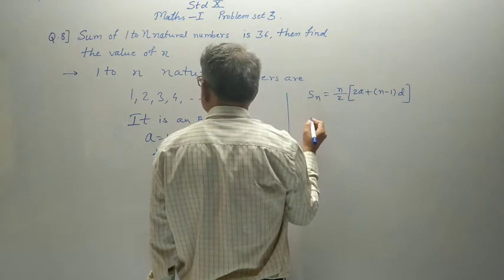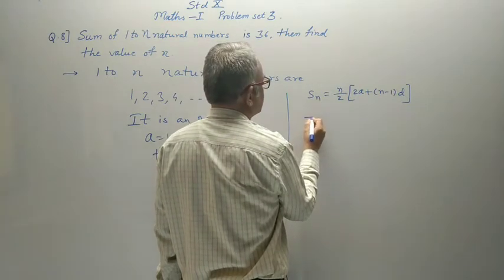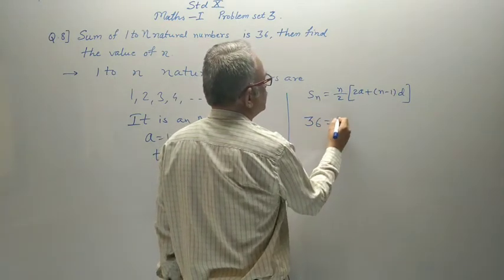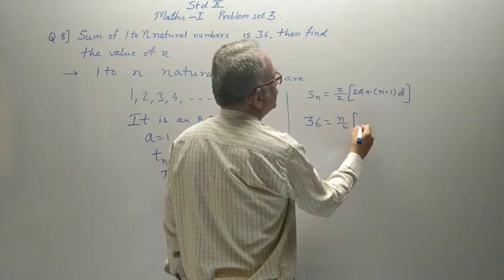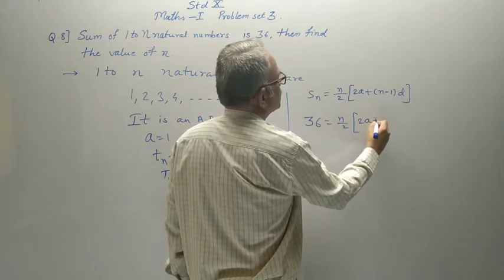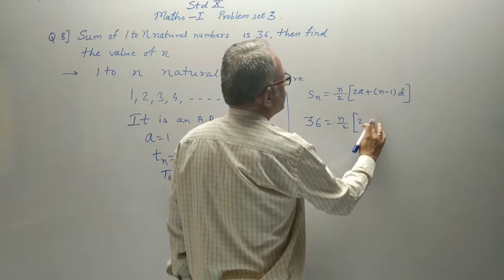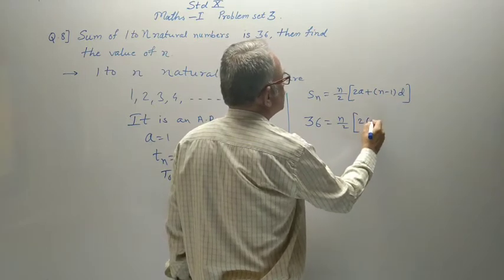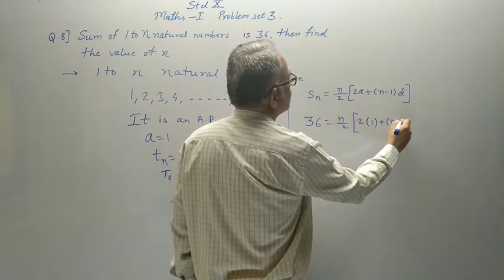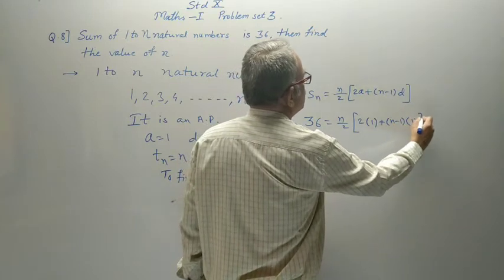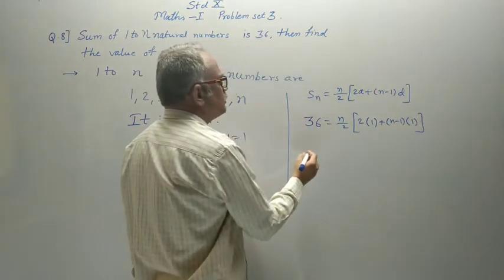Sn value is given, 36, a very small number. In n by 2 bracket 2a plus n minus 1 into d, the a value is known, so write 2 into 1, and the d value is also known, 1. n is unknown.